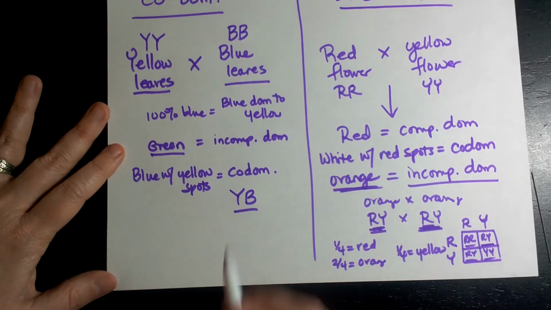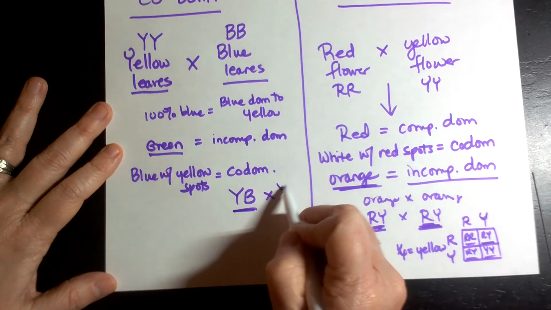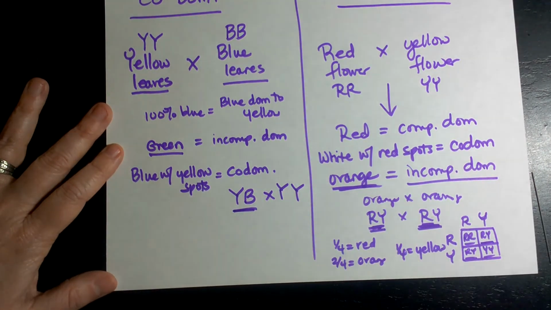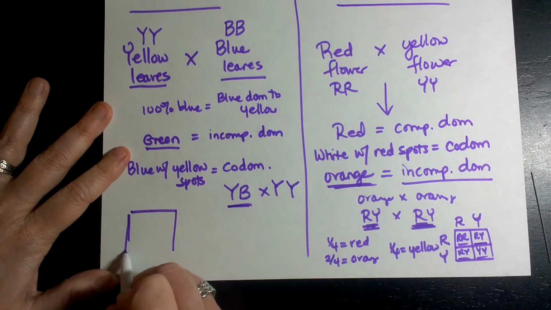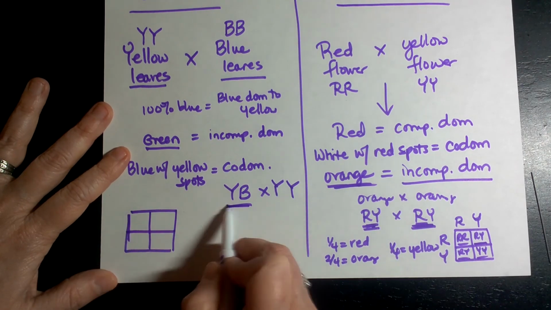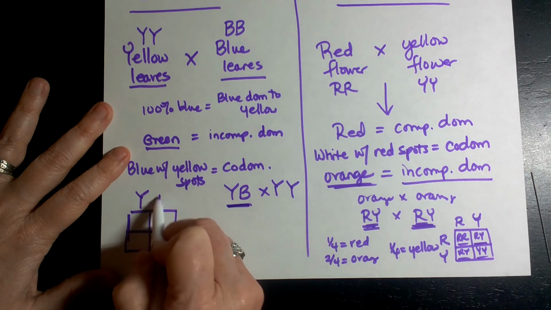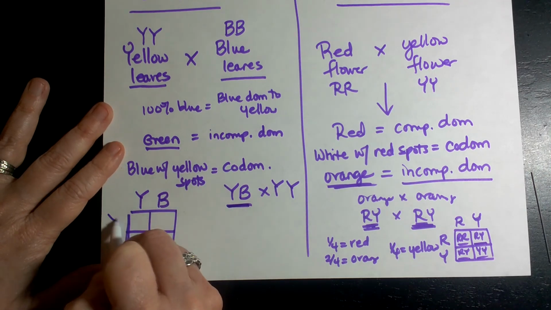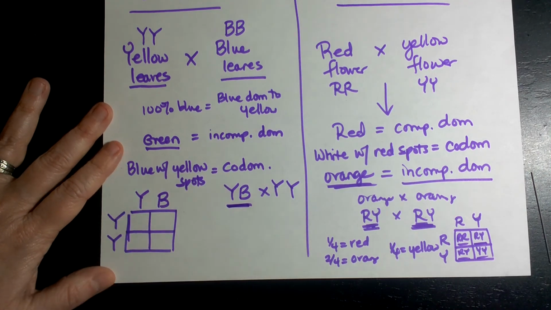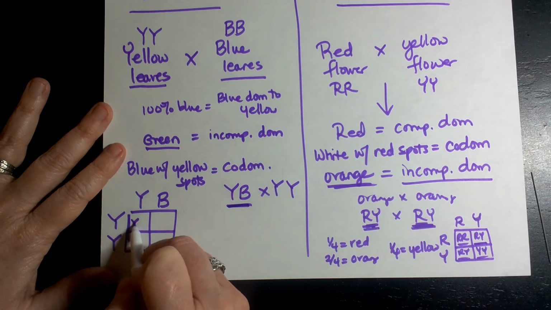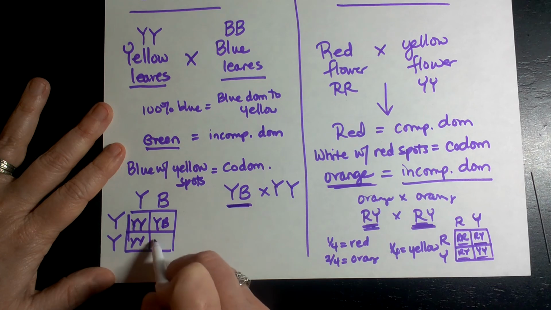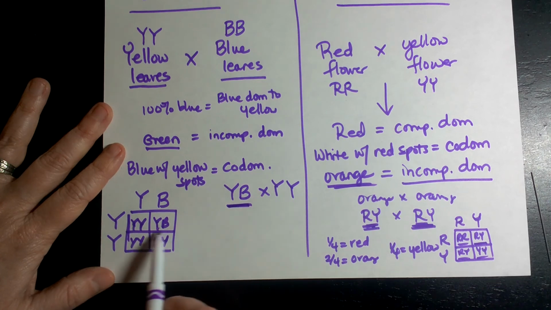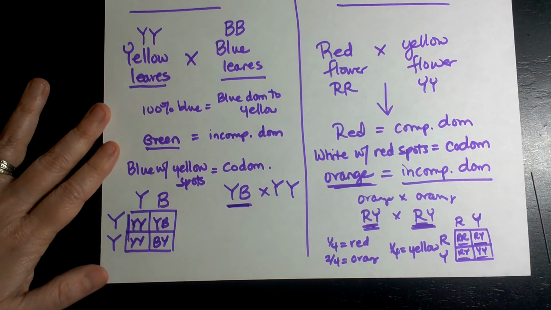So let's say I ask you to cross a spotted with a yellow. Then you have to know how to write its genotype. Then you have to know Punnett square. The first parent can give a yellow allele or a blue allele. The second parent can give nothing but yellow. All right. So when you cross these two, filling in your Punnett square, and you can put YB first or BY, it doesn't matter.